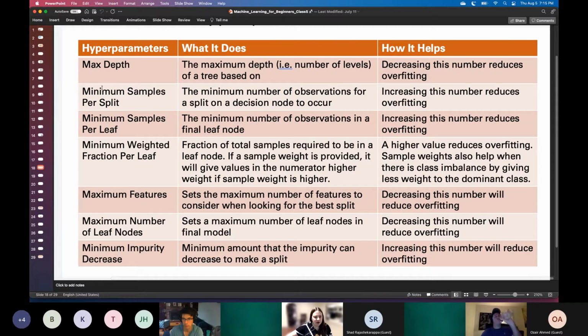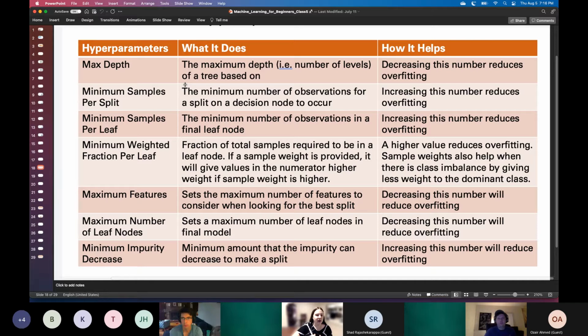So the next one is minimum samples per split. This does a very similar thing to max depth. It controls overfitting. You saw that each tree had a split when it asked a question, usually a yes or no. What this does is require that you have above a certain number of samples at the time of that split.